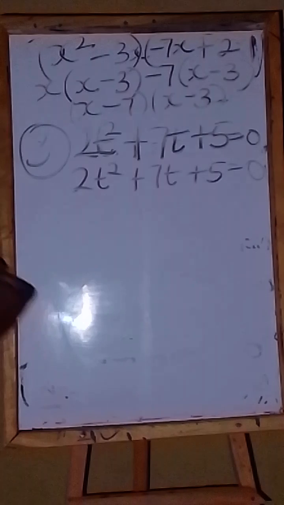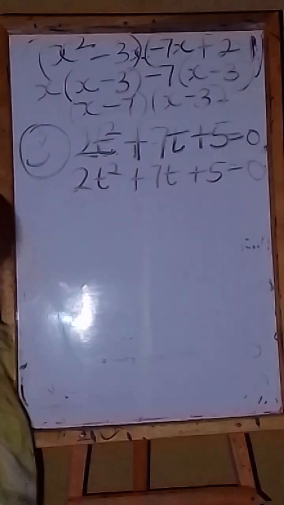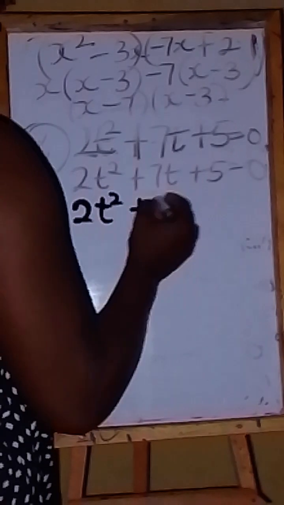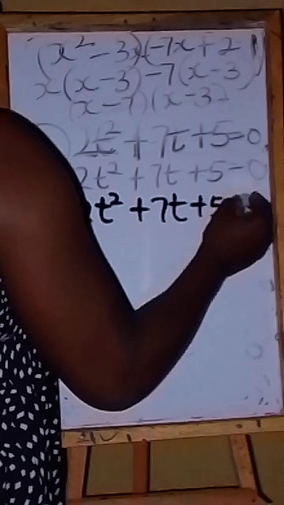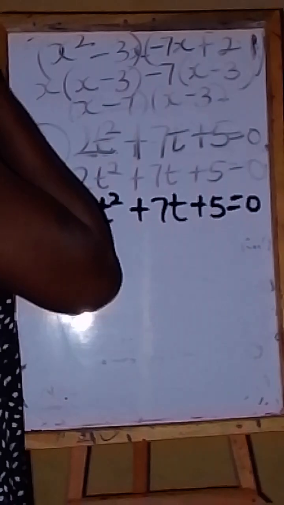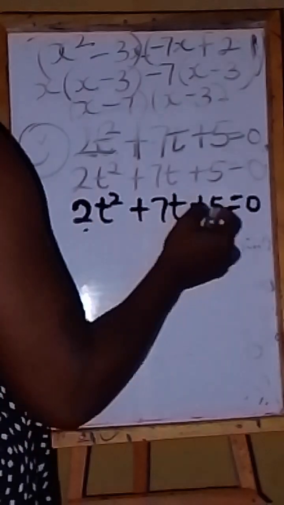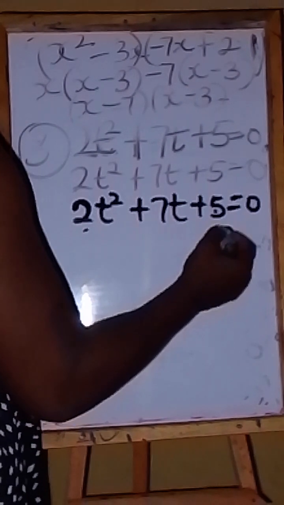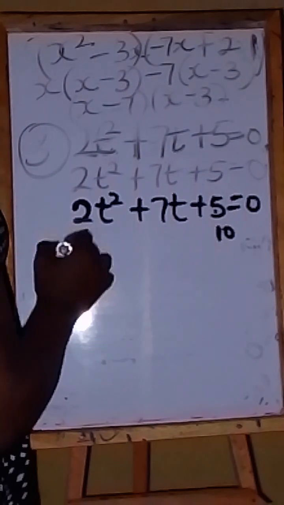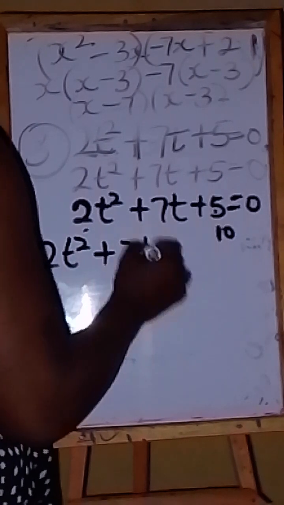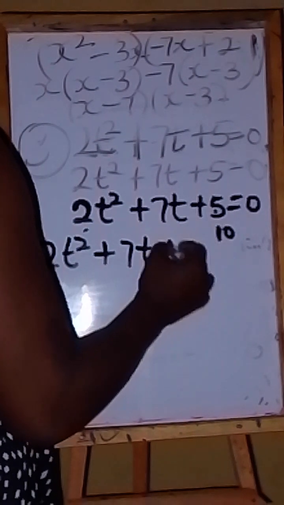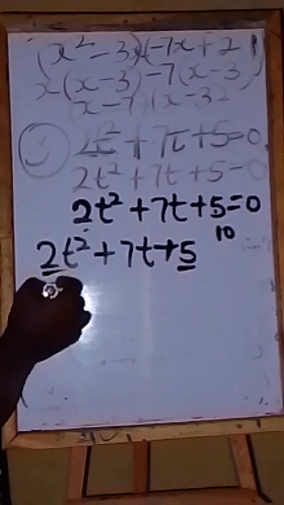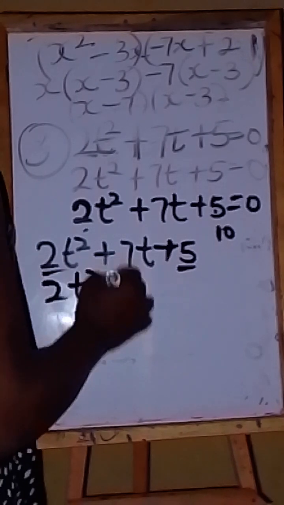So we have 2t squared plus 7t plus 5 equals to 0. What do we do? We have 2 times 5, and that is going to give us 10.